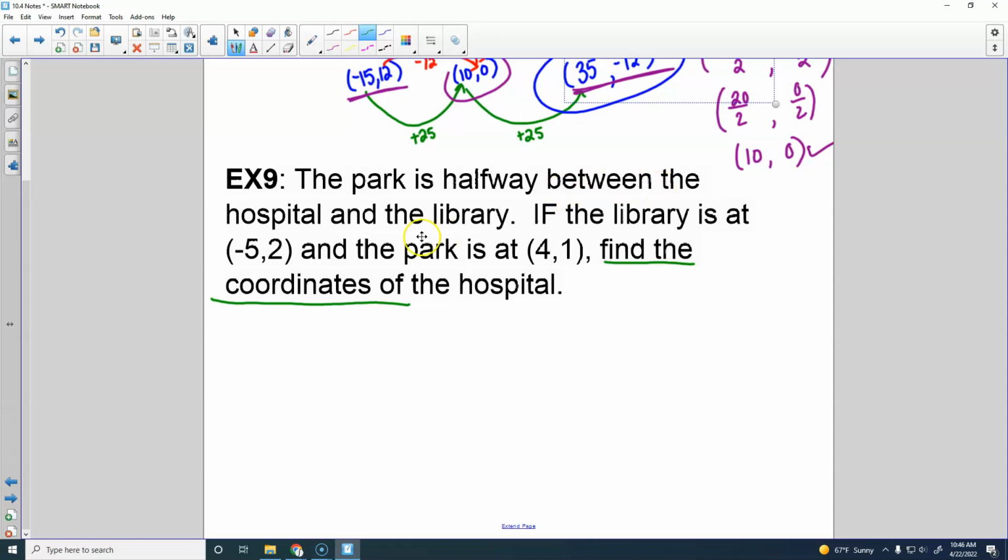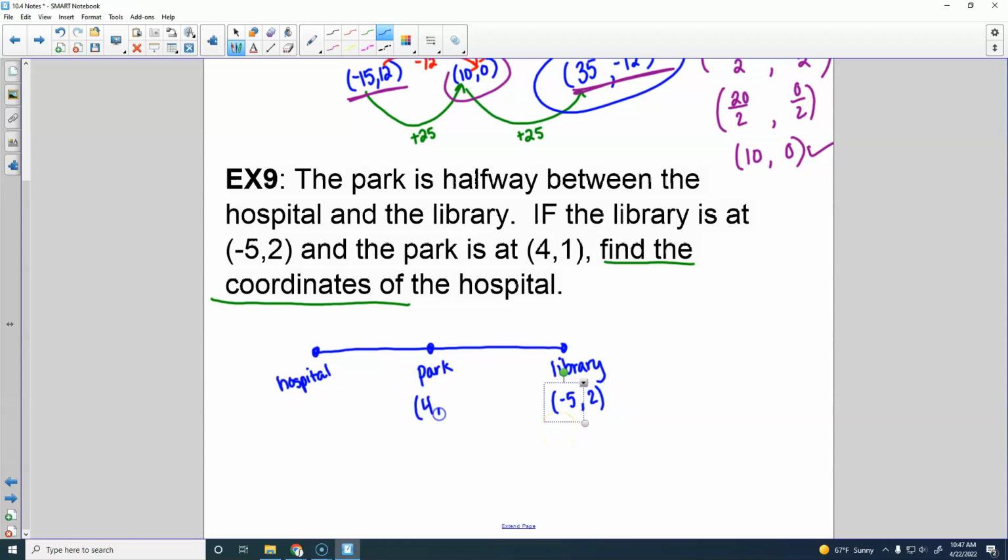So the park is halfway between the hospital and the library. So draw yourself a line, label it. Park is in the middle. It's between the hospital and the library. All right, then library is at -5, 2.